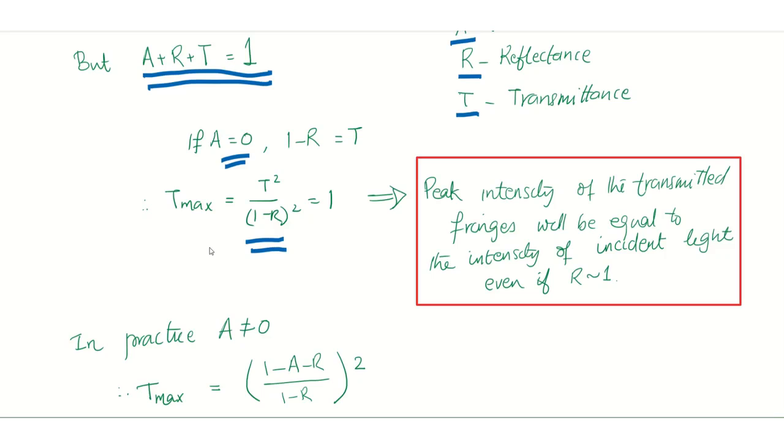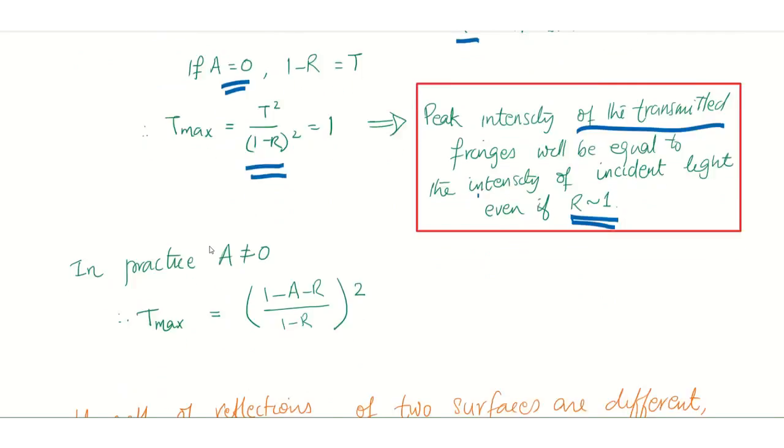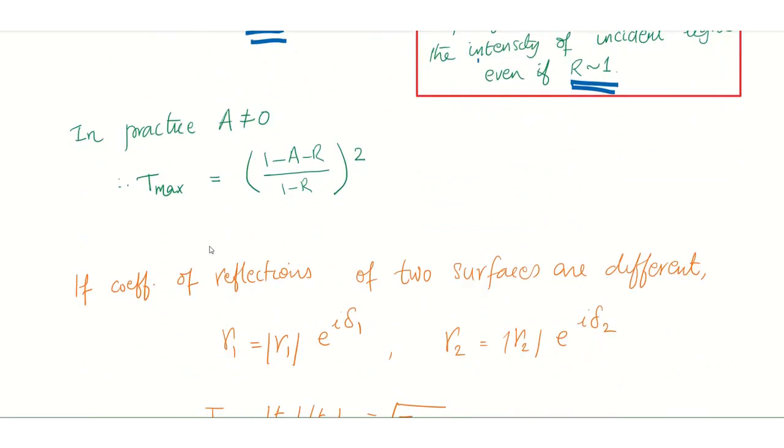Peak intensity of the transmitted fringes will be equal to the intensity of the incident light even if R is very close to 1. And in practice, the maximum transmission will be, instead of T square by 1 minus R square, 1 minus A minus R. T becomes 1 minus A minus R.